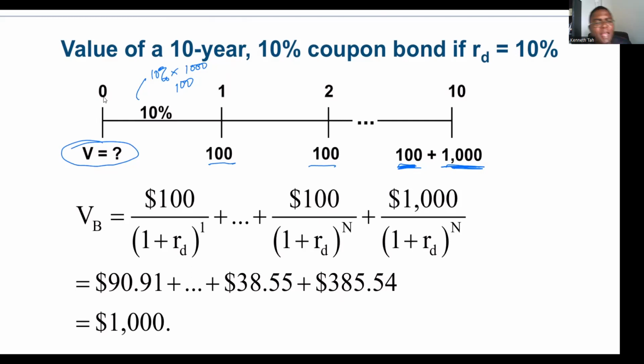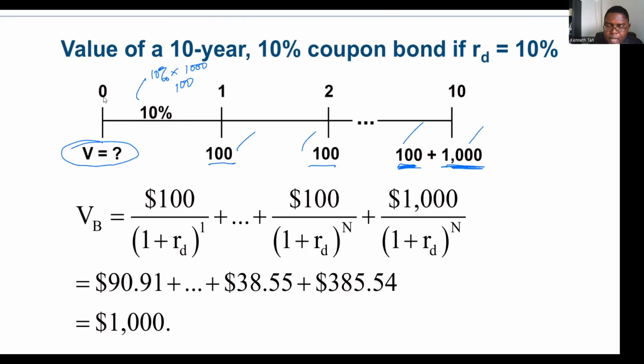So the value of anything is the present value of all future cash flows. So for all future cash flows, we calculate their present value. If we were to do this manually, in a way that is very tedious, we'll calculate the present value of all these coupon payments for year 1, year 2, year 3, year 4, year 5, year 6, up to year 10, and then the present value of the par.